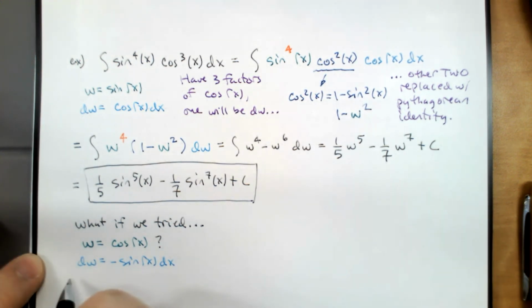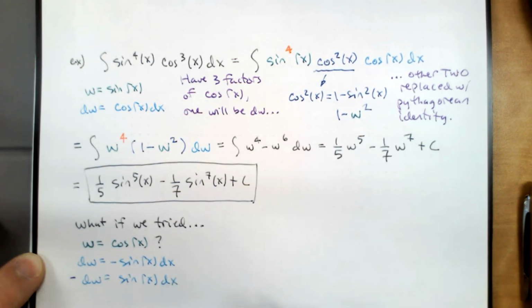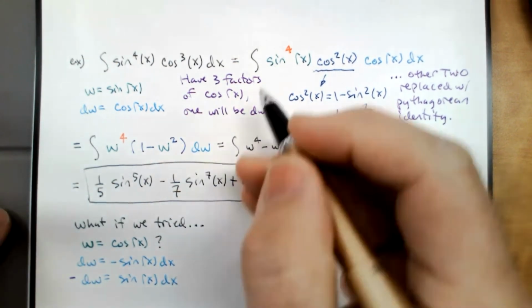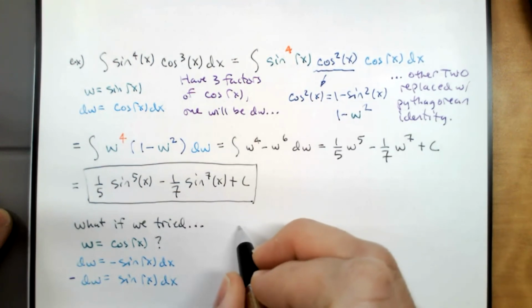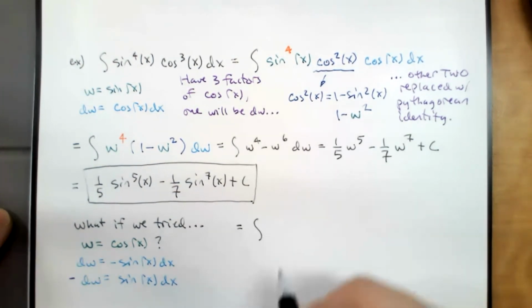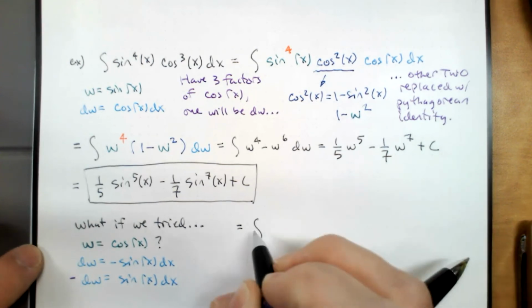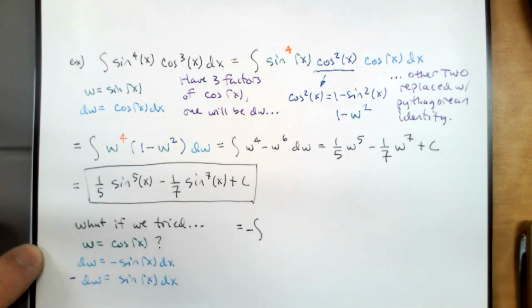So it's going to be a minus dw, which is sine x dx. But in the substituted integral, I'd have one factor of sine.